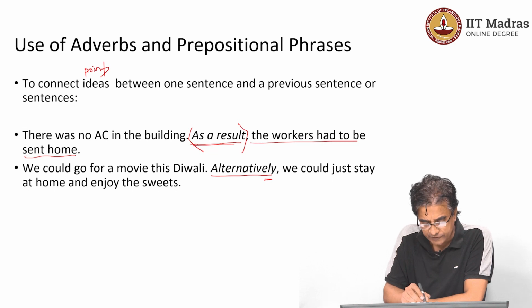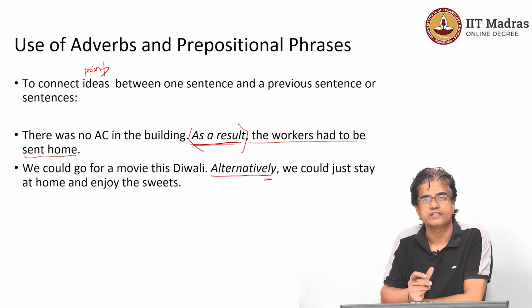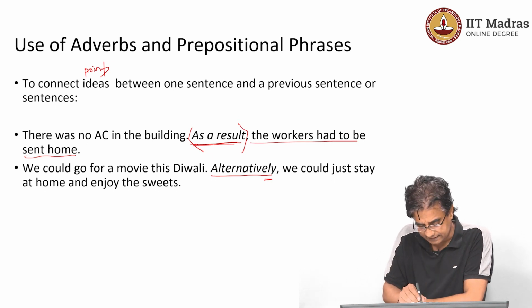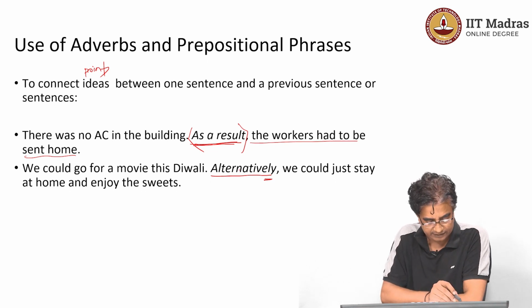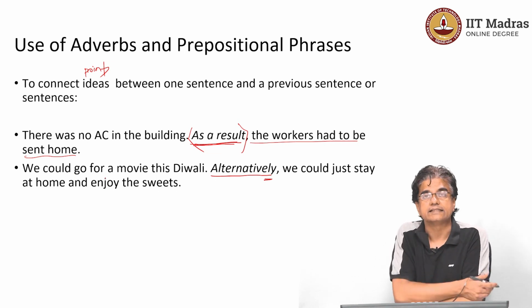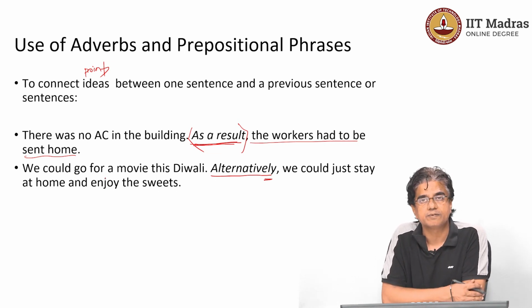"As a result" is also an adverb, but it's a phrase of a different type. These are two different types of phrases, but they are discourse markers. So in this sentence, alternatively helps us connect and make the previous sentence, the thing expressed in the previous sentence, an option.